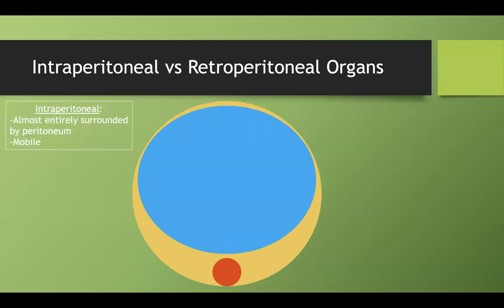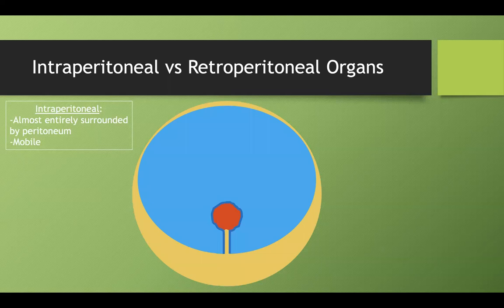Now, intraperitoneal organs are able to migrate into that peritoneum, and they don't actually enter the peritoneal cavity. I want you to think about the organ as if the organ was your hand and the peritoneal cavity was a balloon. So you're trying to push your hand into a balloon without popping it. So this organ will migrate into this balloon without popping it. So it's getting closer and closer, and soon enough, it's almost completely surrounded by peritoneum.